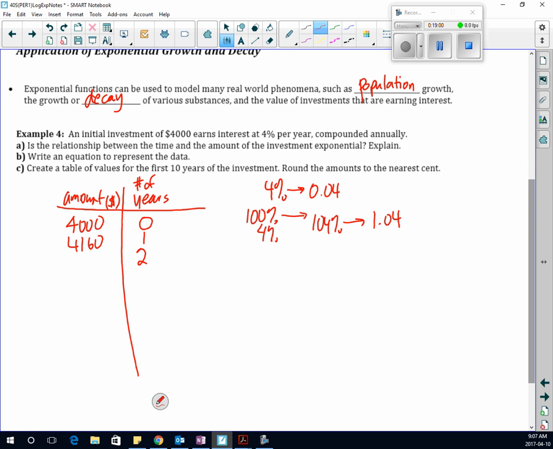No, now I have the previous year's amount, right? And I'm getting 4% on top of that. So I'm taking the 4160 and timesing it by 1.04. And I get $4,326.40.